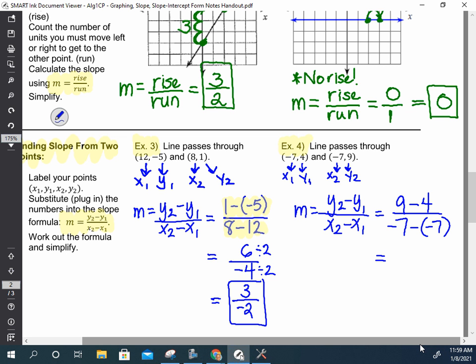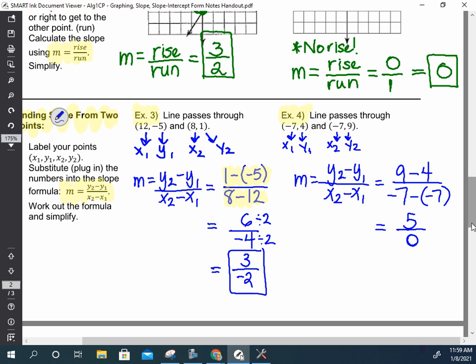All right, let's do that work. 9 minus 4 is? Nine minus 4 is 5, and -7 minus -7. That's 0. Anytime you take a number minus itself, it's 0. What's 5 divided by 0?